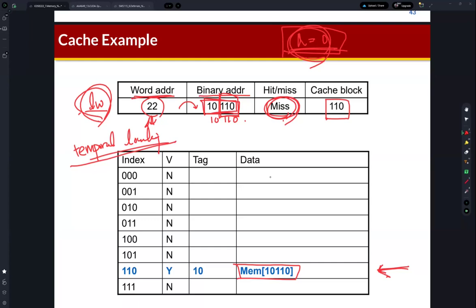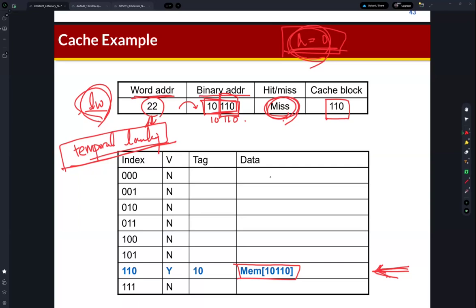So if a cache miss is encountered, this data is fetched from the low-level cache or main memory, then allocated to the cache because we can utilize temporal locality.